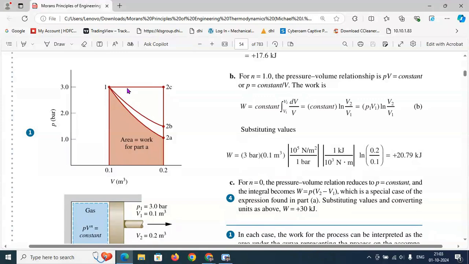Means work done is a constant pressure process. In a constant pressure process, what will happen? Only change in volume is taking place. So some work is done, but not because of the pressure change. So in this special case, which pressure do I have to consider? You have to consider the initial pressure, 3 bar. 3 into V2 minus V1, that is 0.2 minus 0.1. You will get 30 kilojoules of work done.